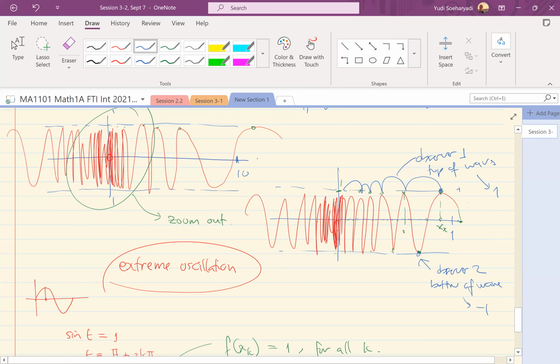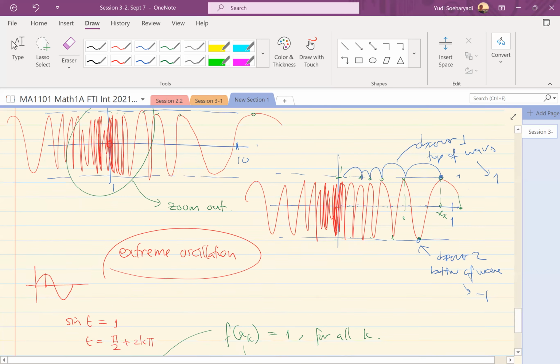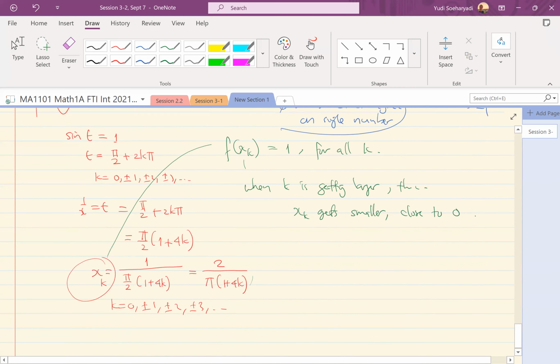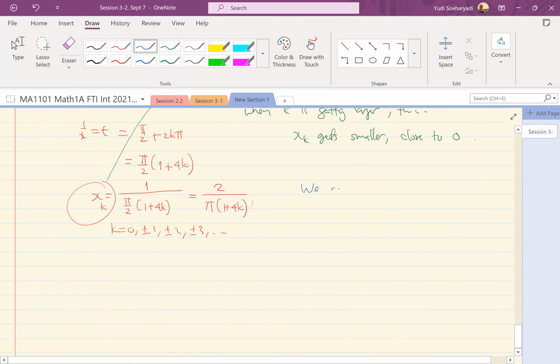Okay, and those observers cannot agree on just one number. So observers cannot agree on a single number. Okay, so in this case, we say also that the limit of sine of 1 over x as x is close to 0 does not exist.